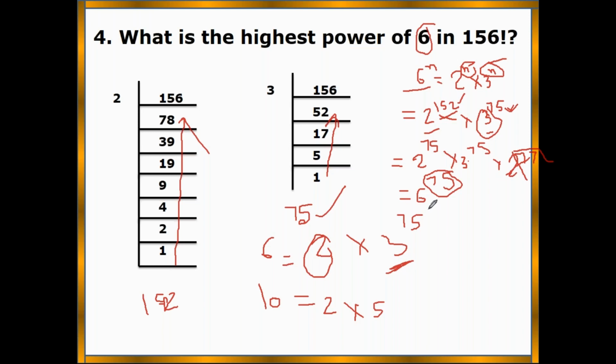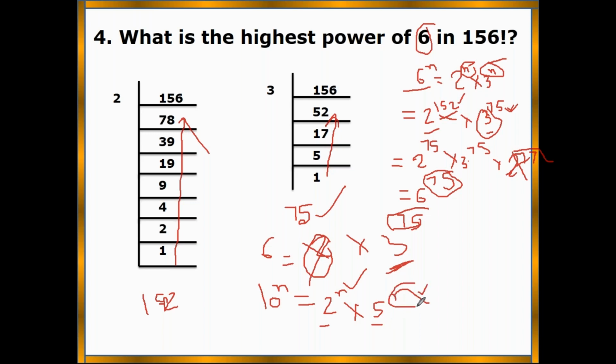Whenever we know the lower power is the answer, why should you have to find the power of 2 again? Very clear, please understand. The power of 10 depends on 2 power and 5 power. 2 is the smaller prime number and has the higher power. The larger prime number 5 has the lower power.